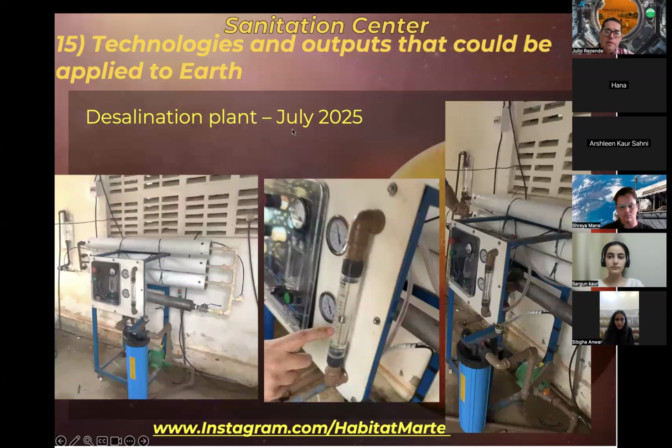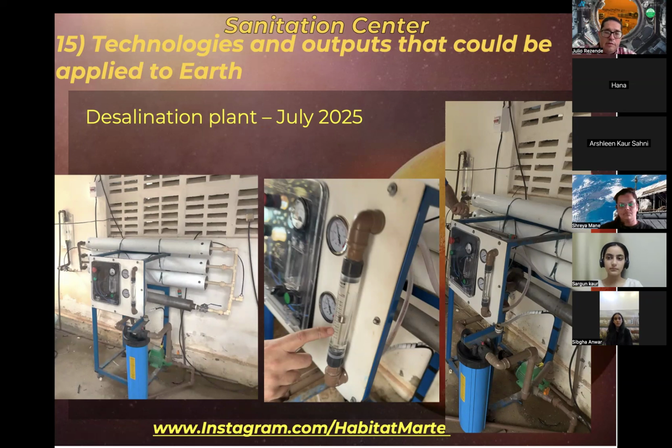And recently, during July 2025, we installed a desalination plant. Here's a photo that was recently installed. And in the future, we'll be putting up some boards explaining the operation of the desalination plant. But this was very important because the water consumed in our facilities in Brazil is brought by a water truck.